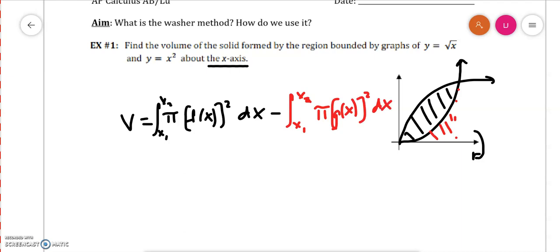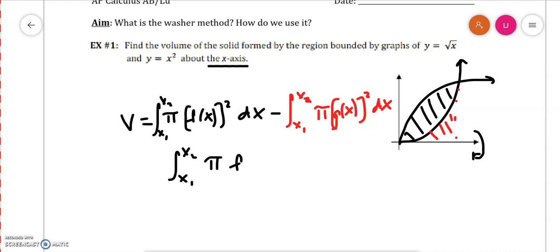squared dx. Now, since these are the same limits, we can combine this all into one volume integral. So integral of x1, x2. They both have pi, so we can actually factor that out.